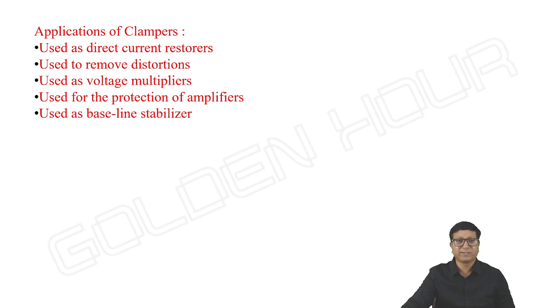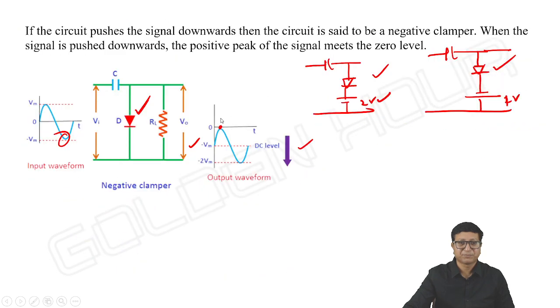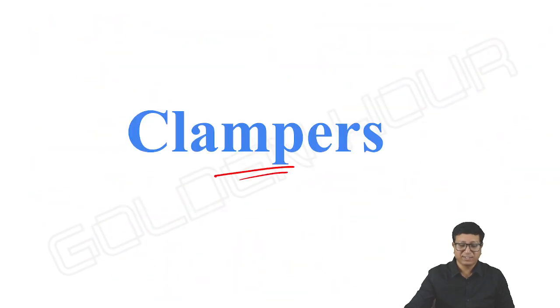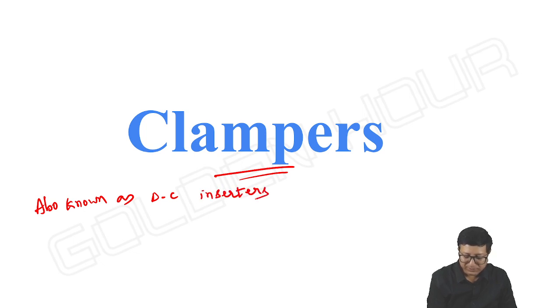We'll see all those circuits with proper explanation. Applications of these clampers. They are used in direct current restorers. So these clampers are also known as DC inserters or DC restorers.